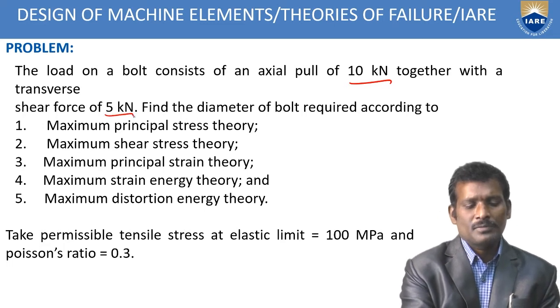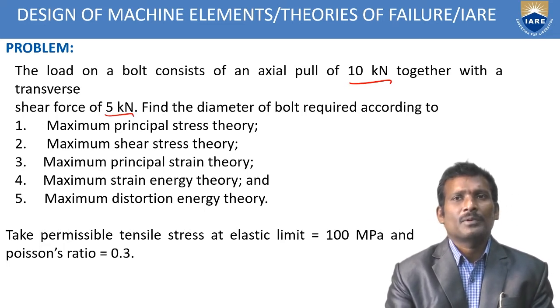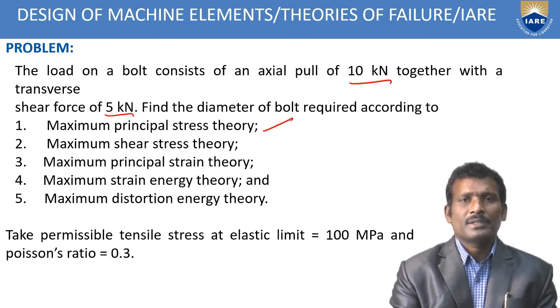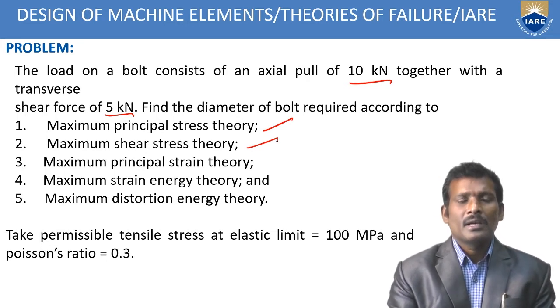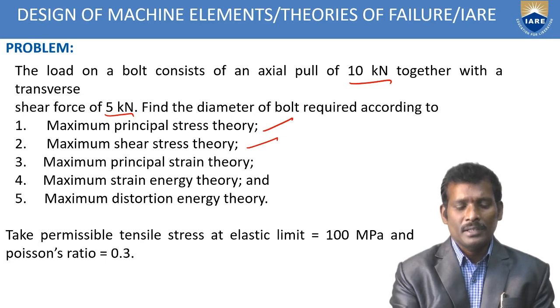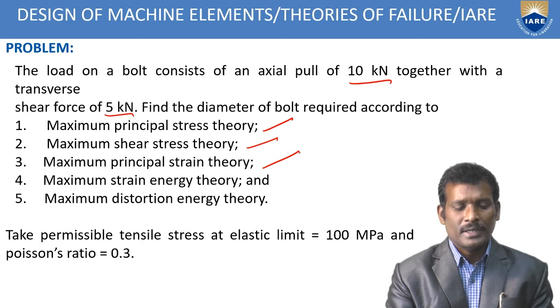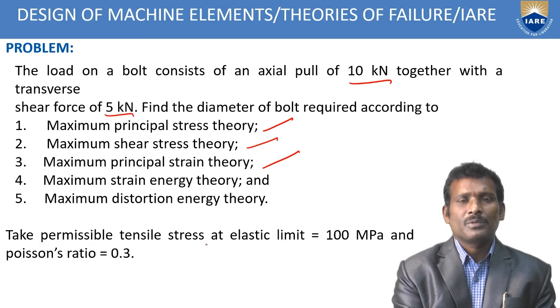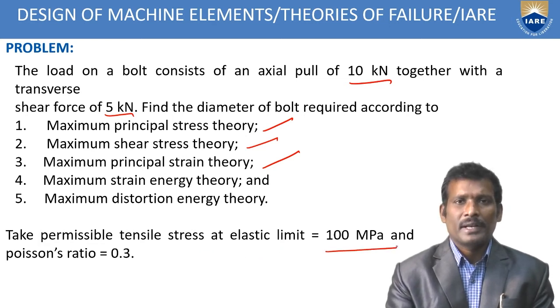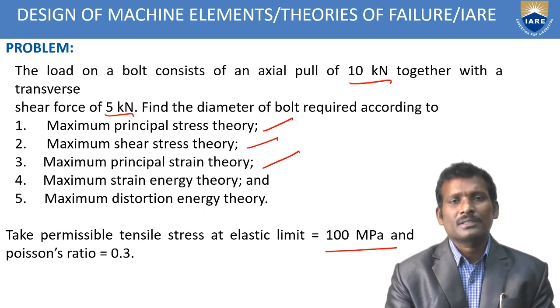Find the diameter of the bolt required according to the maximum principal stress theory, maximum shear stress theory, maximum principal strain theory, maximum strain energy theory, and maximum distortion energy theory. Take the permissible tensile stress at elastic limit as 100 megapascal and Poisson's ratio as 0.3. These are the data available for solving this problem.